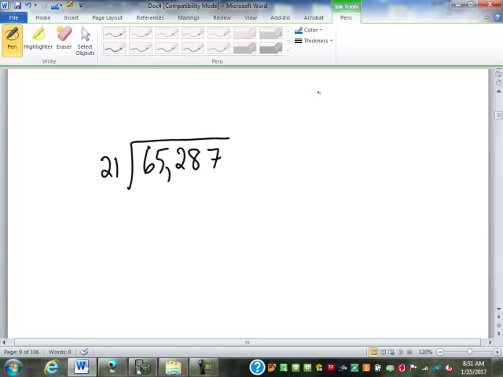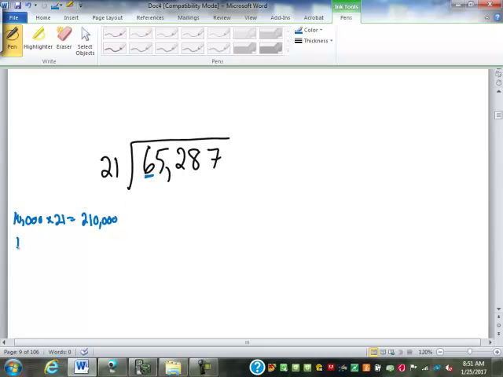How big of a bundle? Well, I'm going to look at the place value of the first digit of the number I'm dividing. What's the place value of that 6? 10,000. What is 10,000 times 21? Careful. 210,000, right? Can I subtract that? No, that's too big.